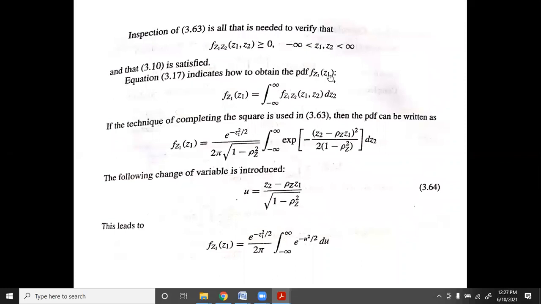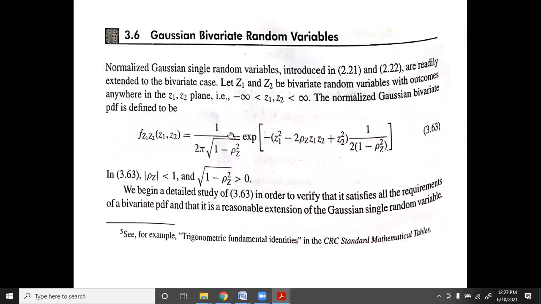By inspection, we can clearly see that this is a value which is greater than 0 but less than 1. So we have the value 1 by 2 pi multiplied by some quantity, and in the exponent, minus infinity will give me the value 0.